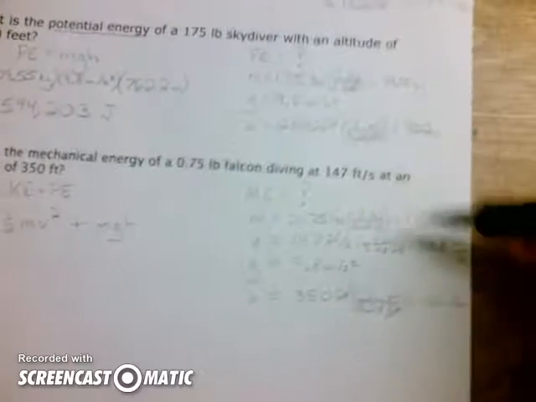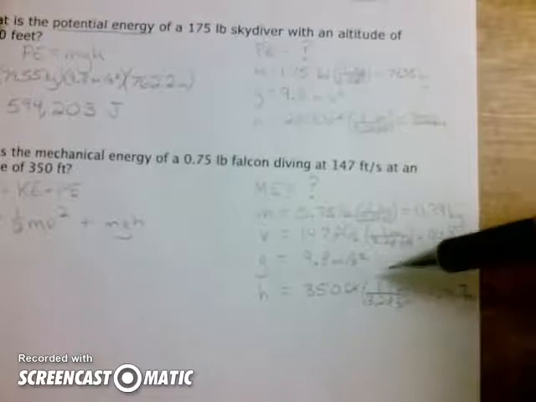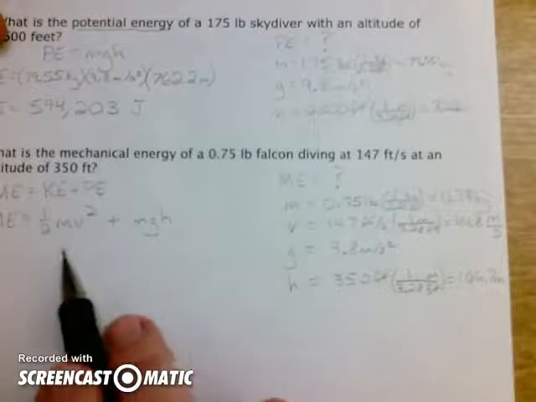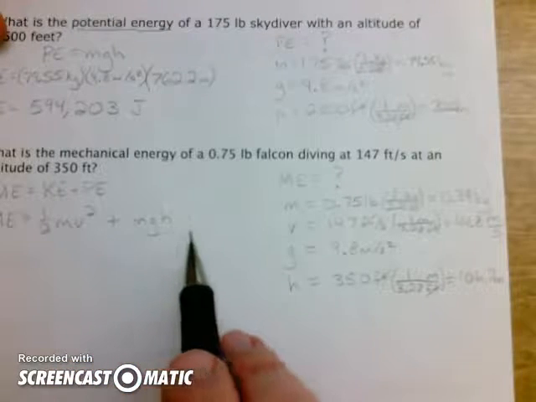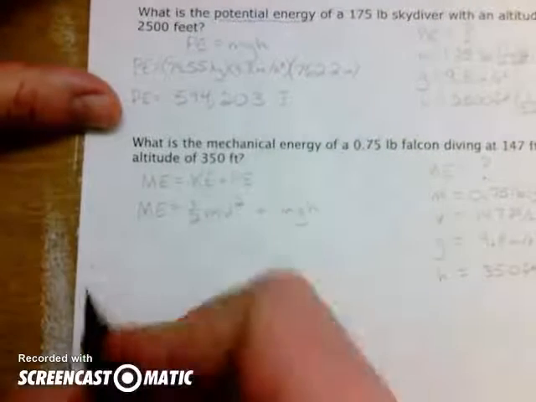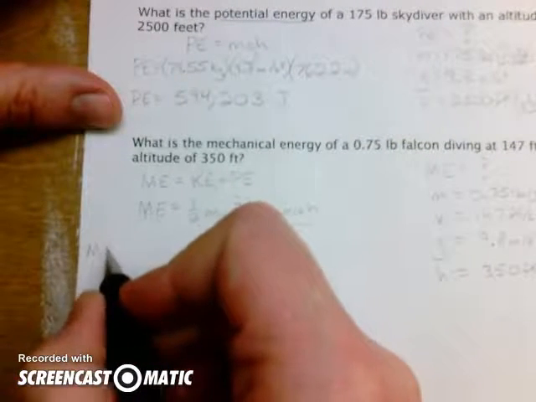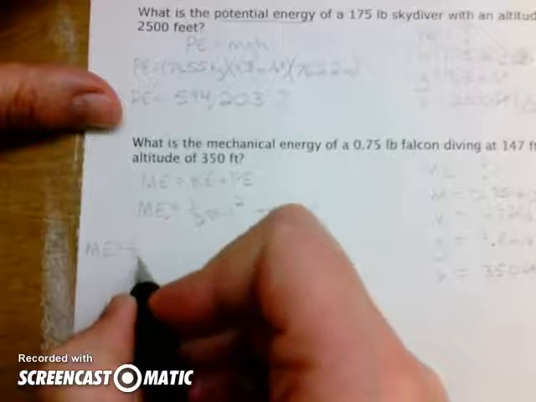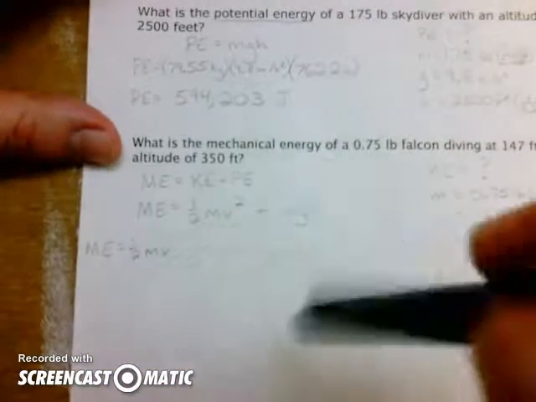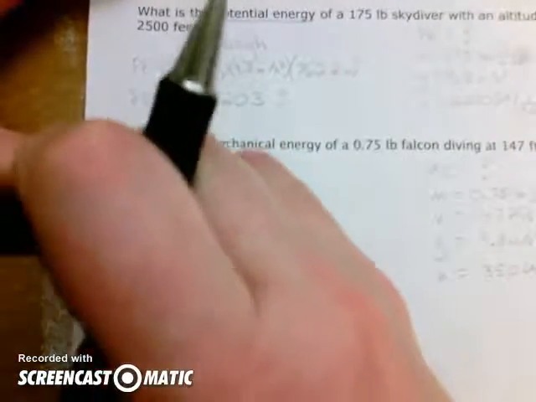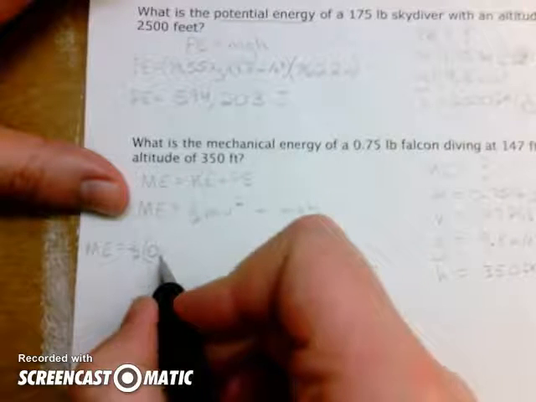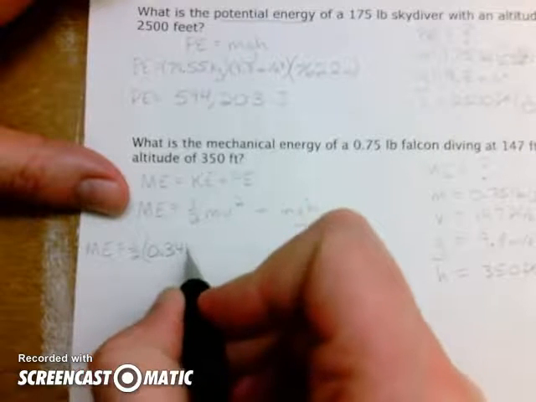Now I've got mass, velocity, gravity, height. All I've got to do is plug those in here. I'm going to start way over here so I have room. ME equals 1/2 mass, whoops, let's write the formula again. 0.34 kilograms is my mass.